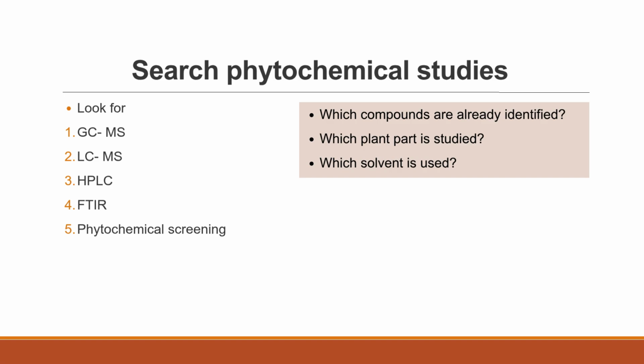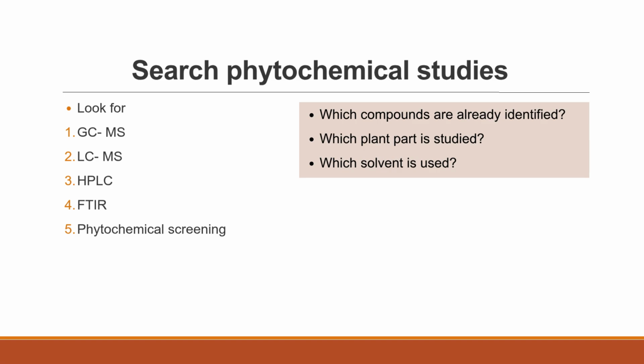Next, after exploring the pharmacological activities of the plant, the next step is to understand its phytochemical profile. Phytochemicals are naturally occurring chemical compounds present in plants that may contribute to their biological activities. Only with the presence of phytochemicals does the plant show that particular pharmacological activity.